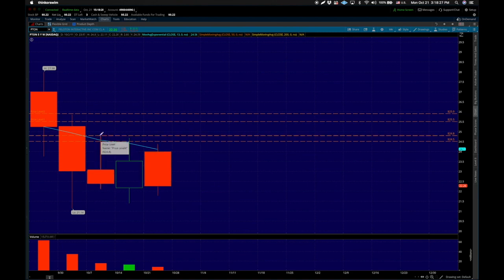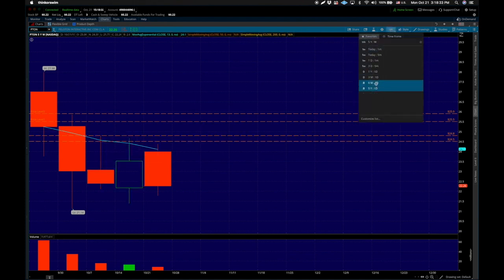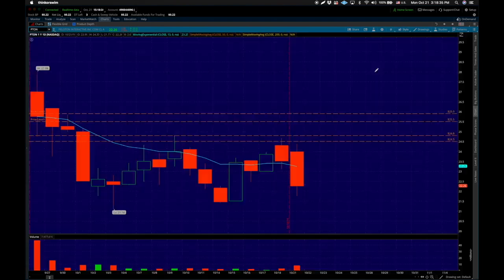But again, 24.80 being the top here, so you can see 24.80 and 24.50 both intersected at that point. Then you jump back over to the 1-year, 1-day, and you can see that it comes close to that level, intersects it, close, intersects, there you go. So there's the difference. Now, what I'm going to do is look at it intraday.